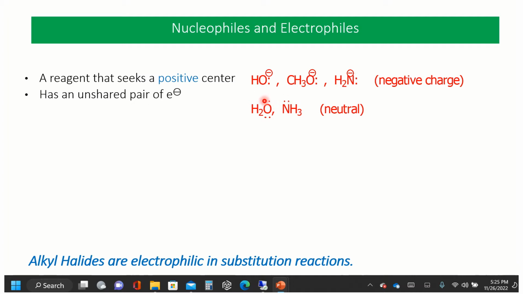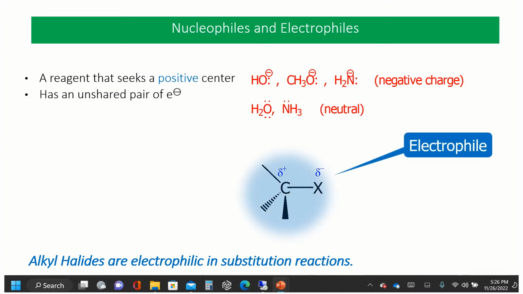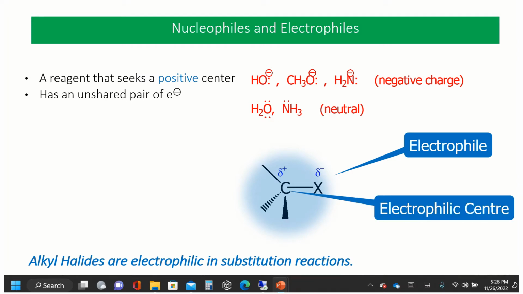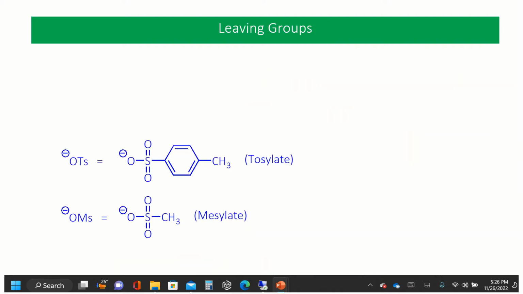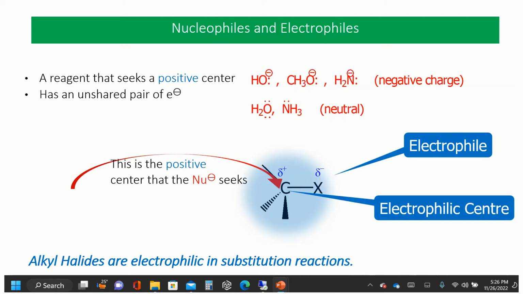And we're looking at these lone pairs here attacking our center. So for example, here we have our electrophile, and our electrophile has an electrophilic center. The electrophilic center is what the nucleophile is going to attack. So a nucleophile has a nucleophilic center which will attack our electrophilic center.